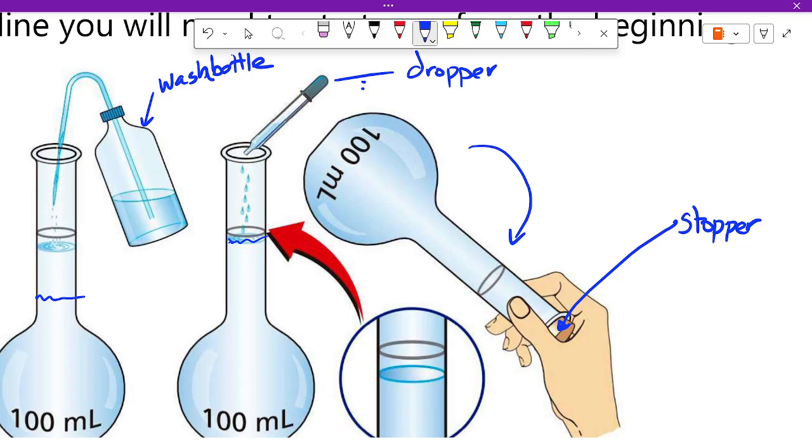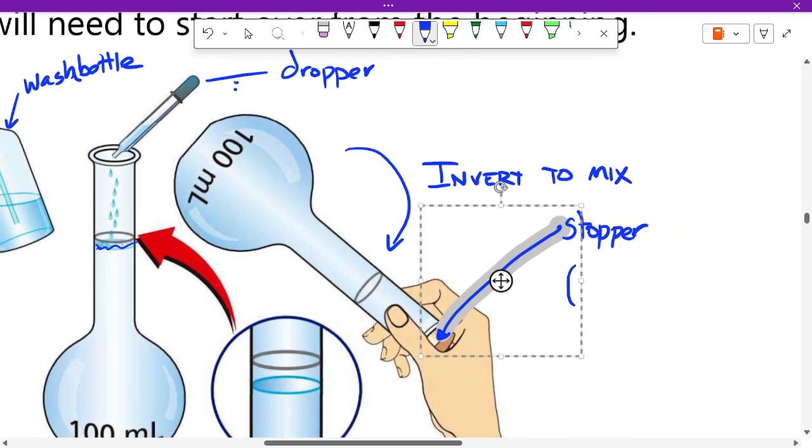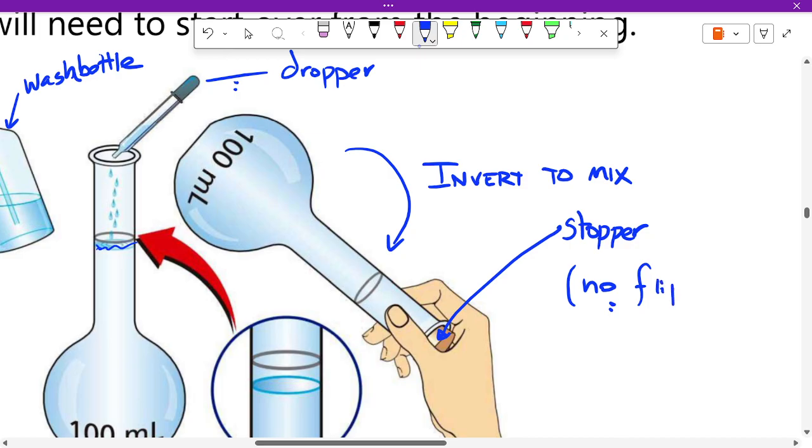Yes? Anyone want to flip the flask? Like you flip a pancake? No, we're not flipping the flask, we are inverting it. Okay, so invert to mix. No flipping the flask. Is good?